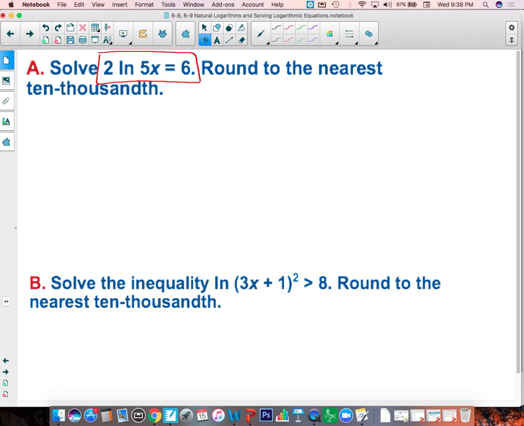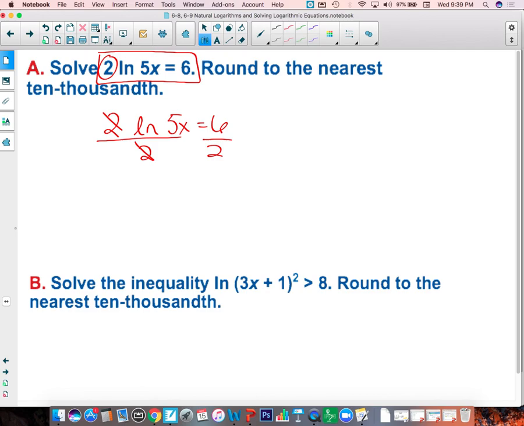Okay, so we have 2 natural log of 5x equals 6. Now we're actually going to get a decimal here. I can't exponentiate this, or turn it into an exponential, until I get the logarithm by itself. So that 2 has to go. If I rewrite this down here, my first step would be to get rid of that 2, because I can't change it to an exponential until the numbers out front are gone.